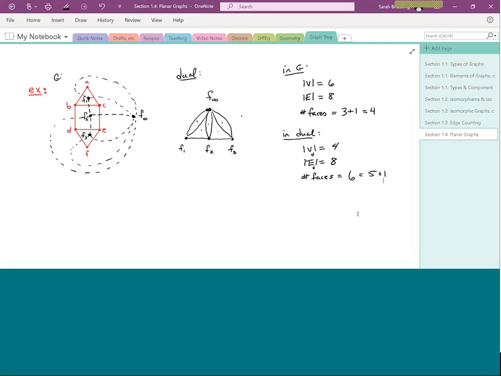Edges always stay the same, but the number of faces and the number of vertices will flip-flop between your original and your dual. And that's true all the time, just based on how this works. The dual only works on planar graphs, and for planar graphs, this will always work. It also always works for planar multigraphs. Notice we automatically here formed a planar multigraph. Multigraph because there's some multi-edges, planar because you can still draw it with no crossing edges.